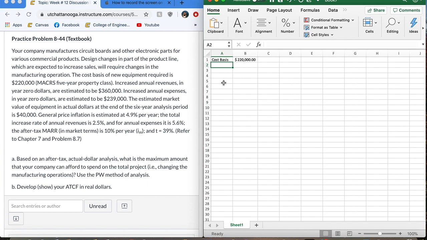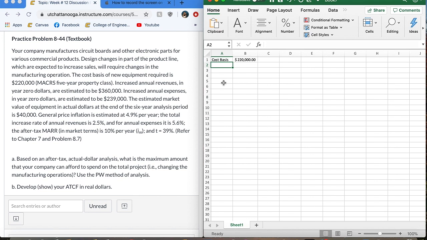Increased annual expenses in year 0 are estimated to be $239,000. The estimated market value of the equipment in actual dollars is $40,000 at the end of a 6-year analysis period.